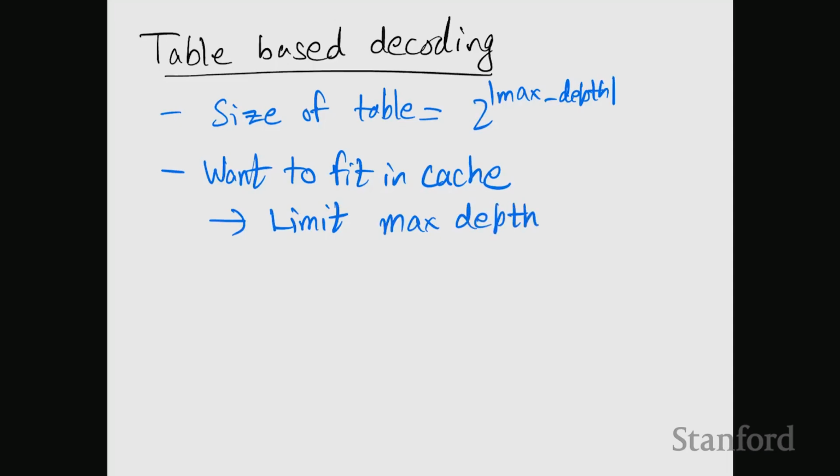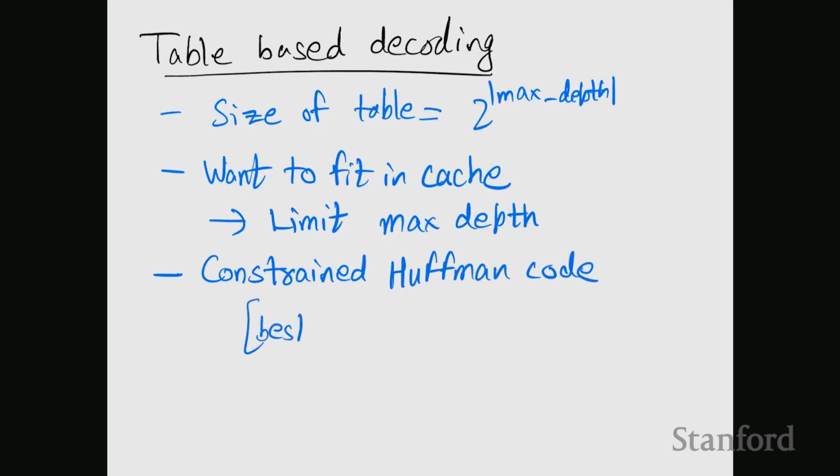This is something we will not do in class. Last year, a couple students did it as a project, but there is something called a constrained Huffman code, where the idea is to find the best code with a max depth constraint.